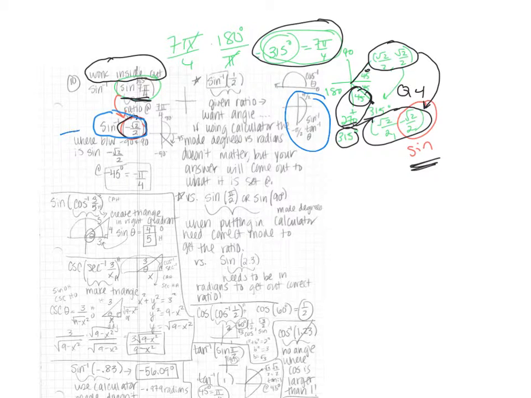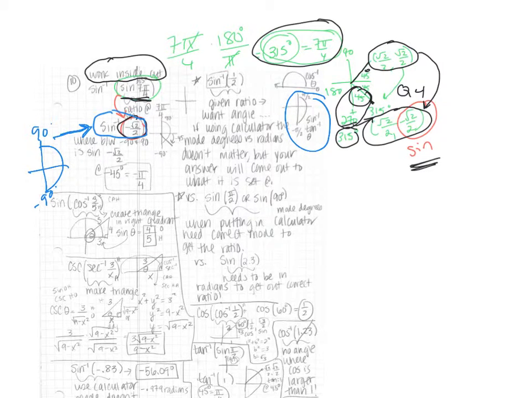So then for inverse sine of negative root 2 over 2, you're doing the opposite. You're asking yourself, at what angle is the ratio negative root 2 over 2? But remember, for inverse sine and inverse tan, our options are between negative 90 degrees and positive 90 degrees.